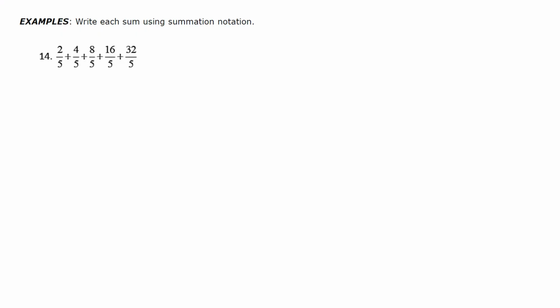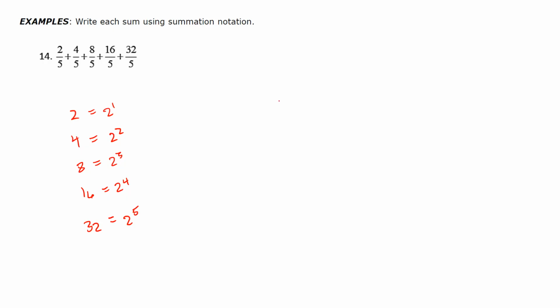Okay. The second thing I notice is my numerators have a pattern going on. I'm going 2, 4, 8, 16, 32, and these are all products of 2. For example, 2 is 2 to the first power, 4 is 2 squared, 8 is 2 to the third power, 16 is 2 to the fourth power, and 32 is 2 to the fifth power. Okay?